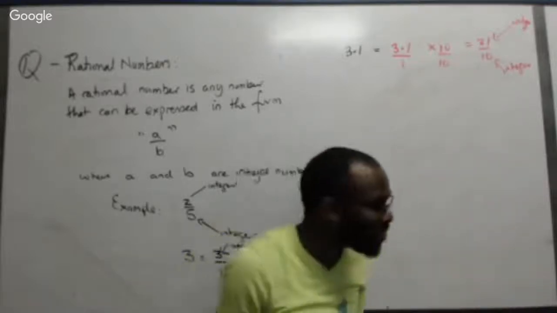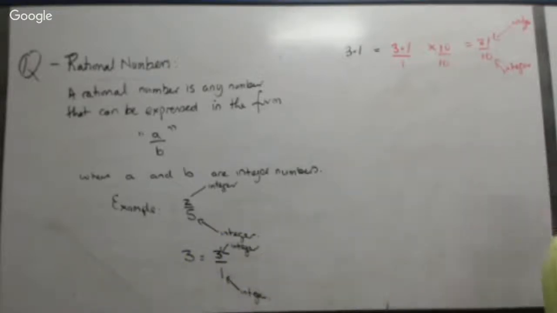Or the best way to check if something is a rational number is to use the calculator. Press 3.1. When you press 3.1 and press the fraction button, it changes it.